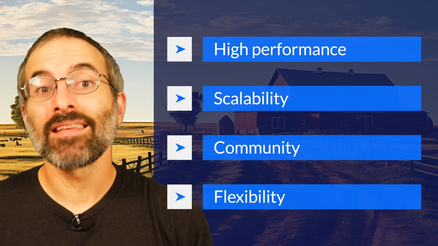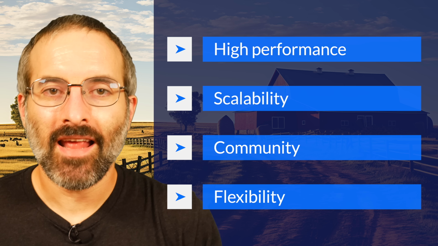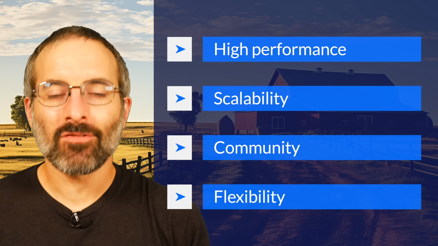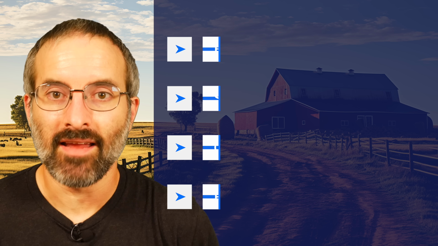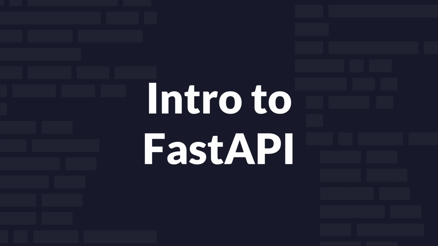So by combining these technologies, the Farm Stack provides a comprehensive solution for building modern web applications. This stack is particularly well suited for applications that require real-time updates, complex data models, and high performance. As we progress through the tutorial, you'll gain hands-on experience with each component of the Farm Stack and learn how to integrate them effectively.